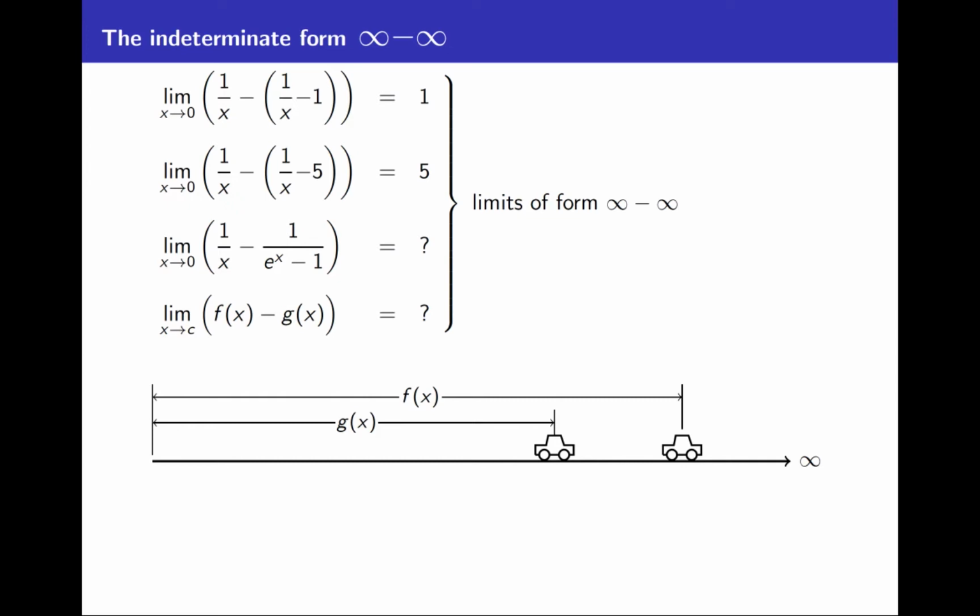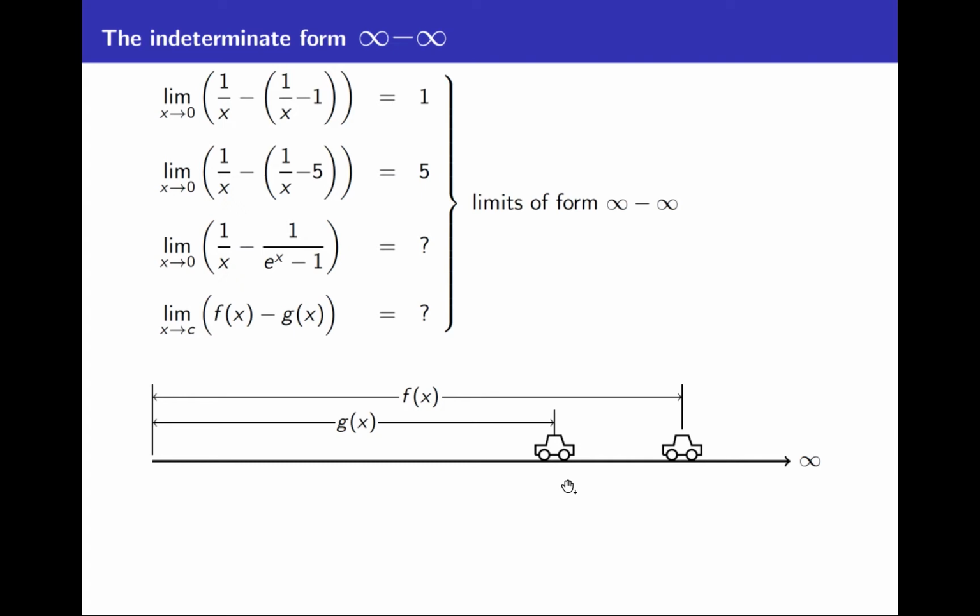But imagine that as they get further and further away, as f of x and g of x get bigger and bigger, the distance between these cars starts to stabilize. Maybe this car is catching up but never quite reaching this car over here, and in the long term, it approaches a distance of 1 mile behind this other car. And so they're racing off to infinity about a mile apart, with the distance between them getting closer and closer to 1 mile.